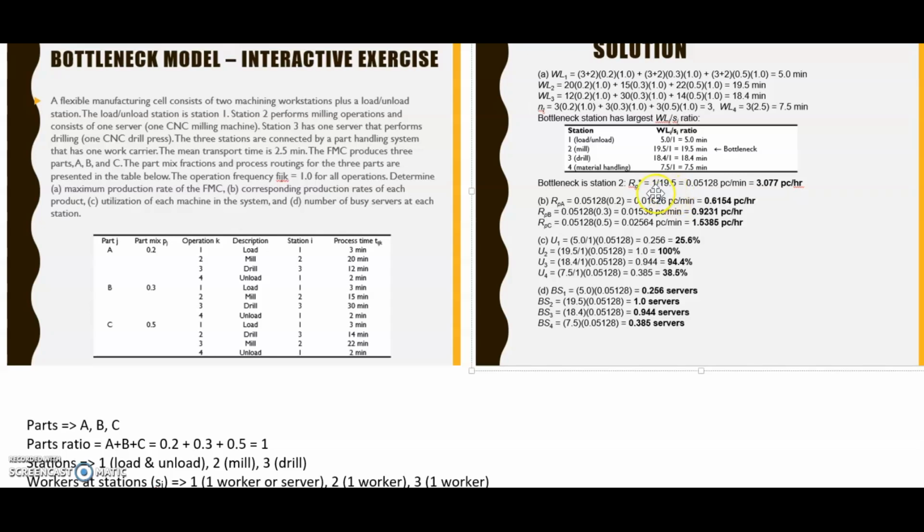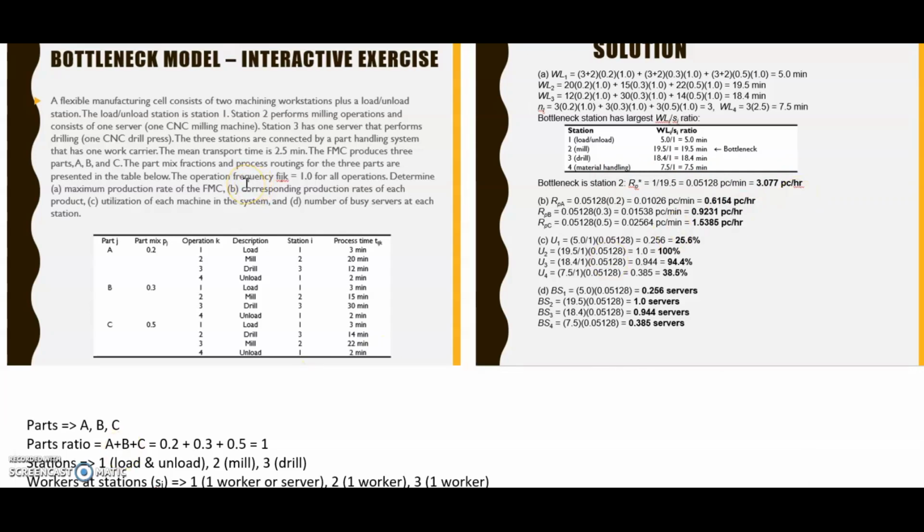So it is the reverse of the ratio: Rp equals S over workload. Solving this, you get about 3 pieces per hour.